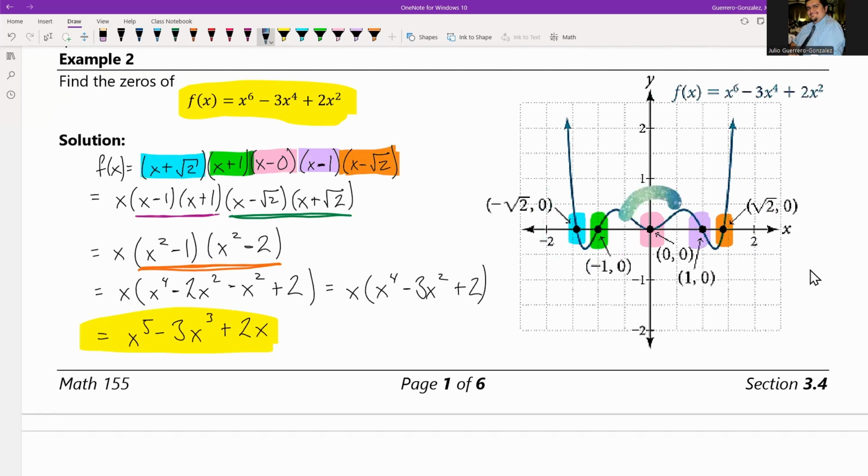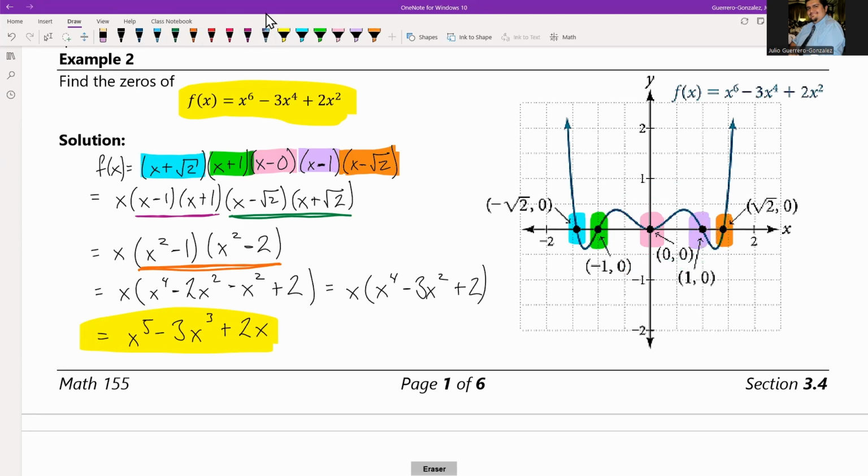It's this one that bounces. It just touches or bounces. The best way I can explain it is it goes like this. It goes doink and then shoots back off. So it doesn't actually cross it. It just bounces off of the x-axis. This one's the one that's different.